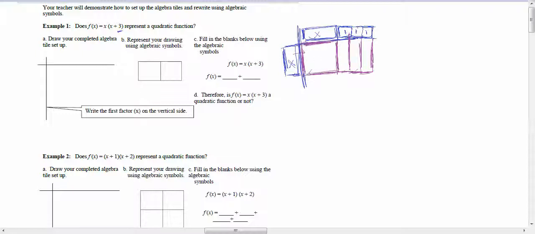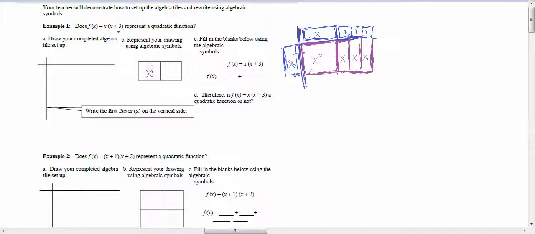That's why we did the warm-up. So the area of this thing right here is x times x, so that's x squared. The area of this one is, the height is x, the width is 1, so it's x times 1, which is just x. This is x, and this is x. So what are the two things I have?